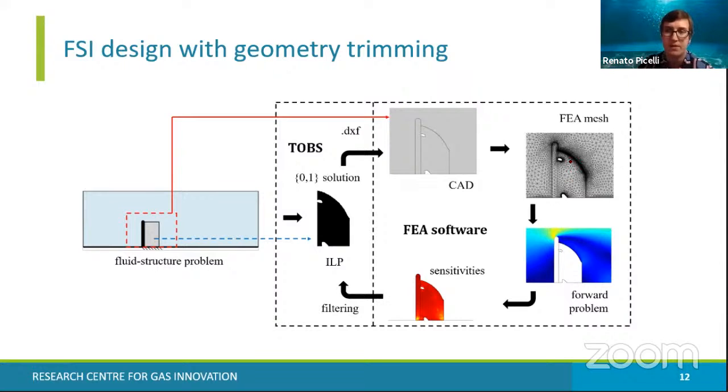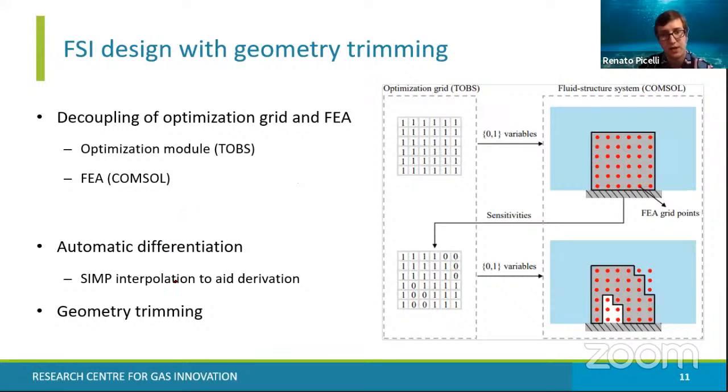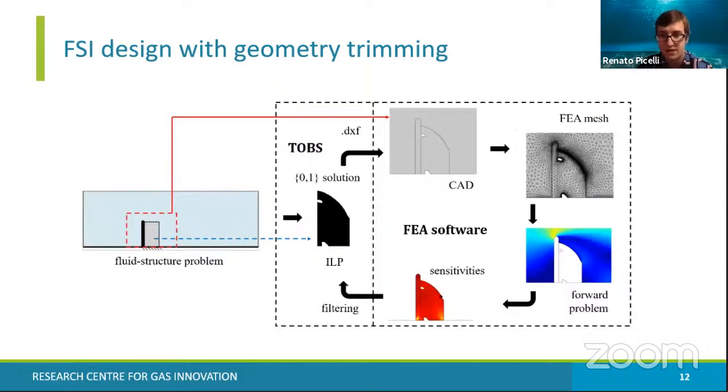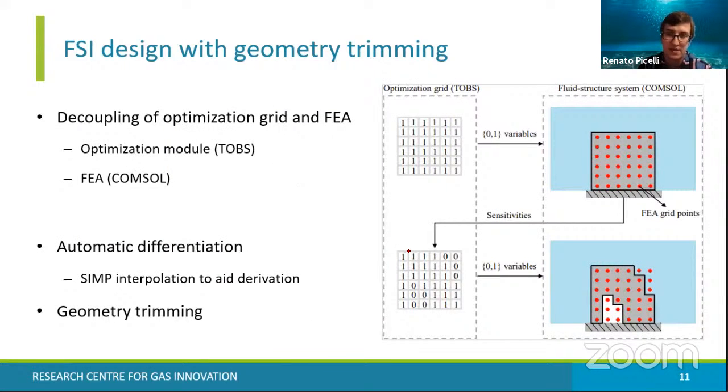We use a simple model to help the automatic differentiation. We have a sensitivity field like this, and COMSOL interpolates the sensitivity field at those points and extracts it; we then set the design variables with those sensitivities. Okay, thanks.